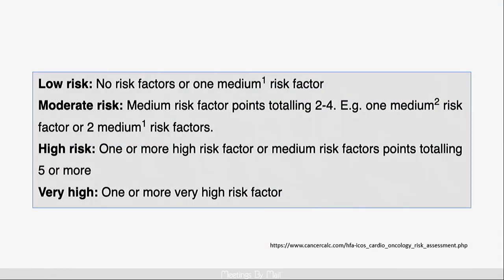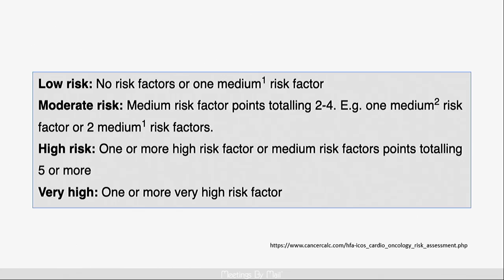In 2020, several risk factors or risk scores were established. One of them, which has been accommodated in the guidelines, is the Heart Failure Association and International Cardio-Oncology Society risk score. It classifies people into low, moderate, high, and very high risk, and this is further adjudicated for each of the drugs that you prescribe.